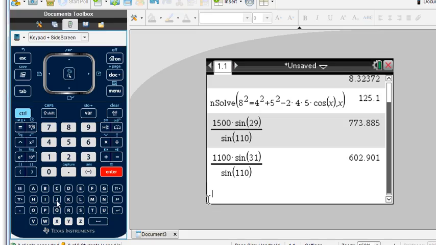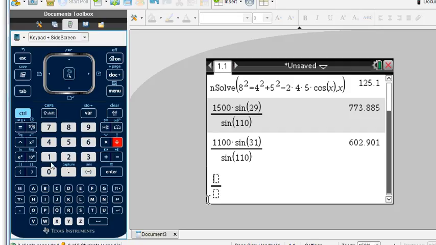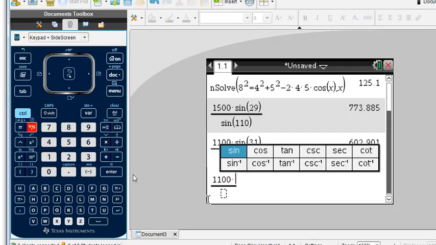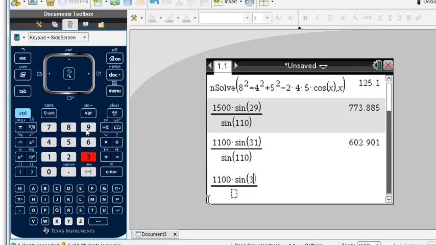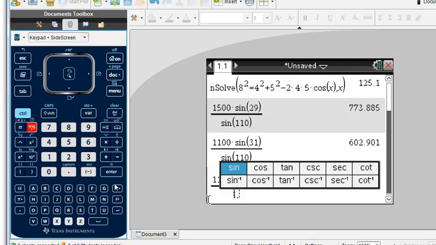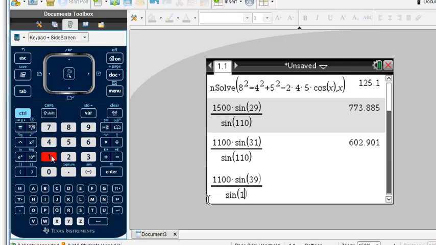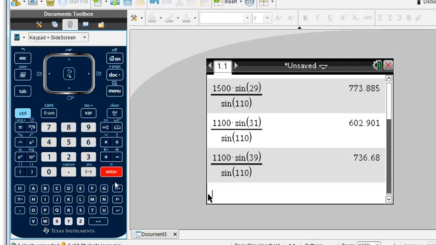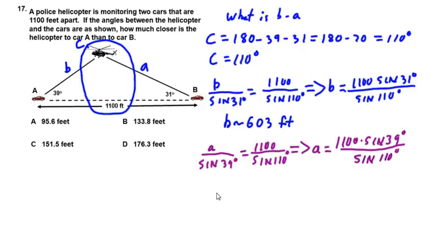We go to the calculator again and get our division here: 1,100 times the sine of 39 degrees over the sine of 110 degrees. Everything looks good there. Rounding to the nearest foot, we get 737 feet. So A is approximately 737 feet.